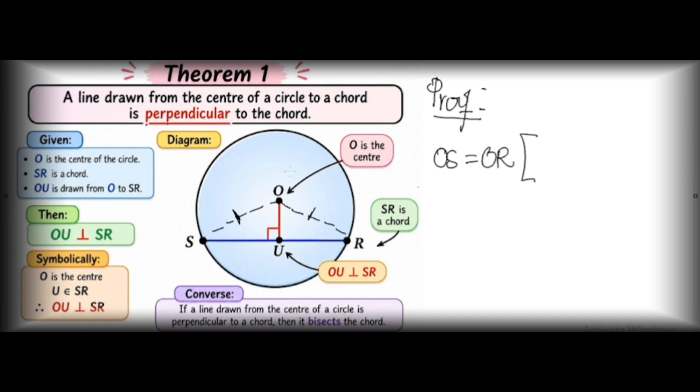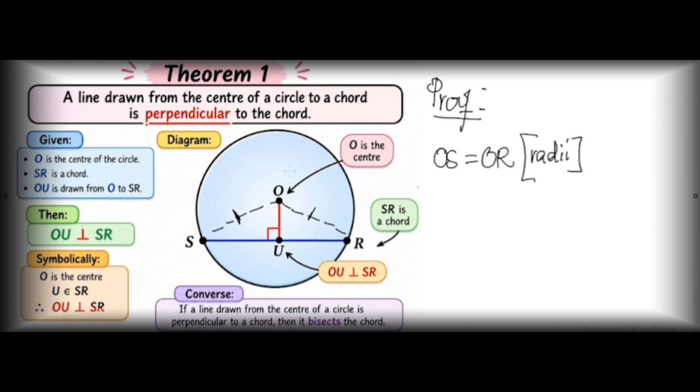Now we are going to prove this using congruency. Remember, OU was divided into two angles, let's say this is U1 and this is U2, right?